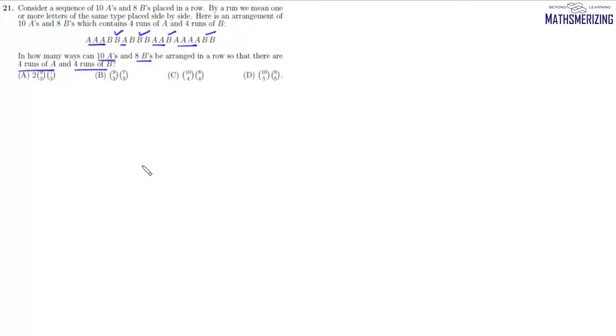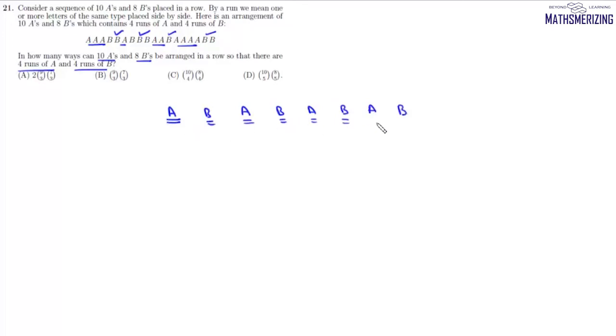Now there can be two possibilities. Suppose we have runs of A's, then runs of B's, followed by A's and then B's, then A's, then B's, and then again A's and B's.